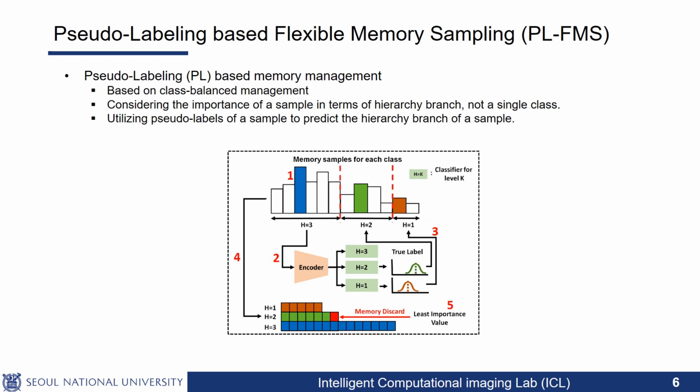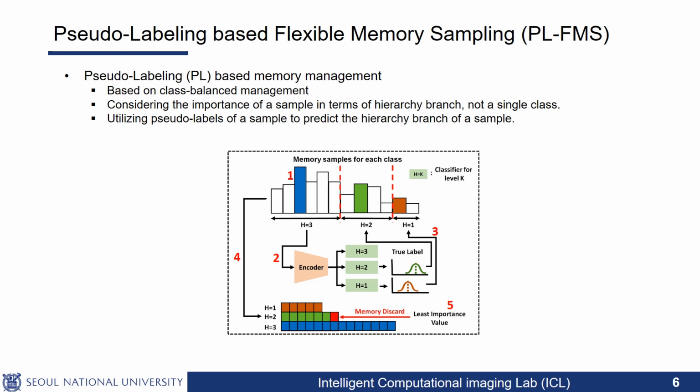It consists of two components: pseudo-labeling based memory management and flexible memory sampling. Pseudo-labeling based memory management is based on class-balanced memory management. That is, we first select the major class of the memory. One additional condition is that the classes in our memory are hierarchically related to other classes.